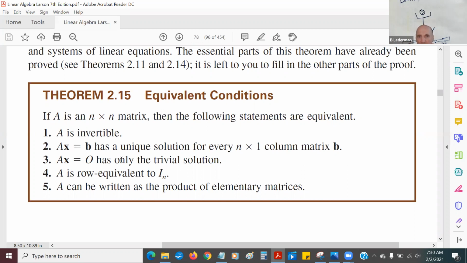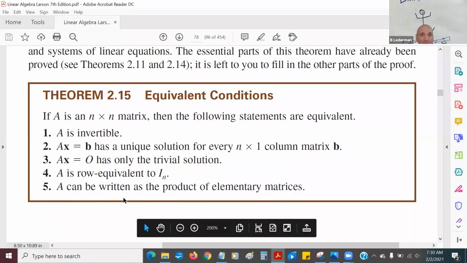To me, 3 is kind of a special case of 2, but it's fine. 4, A is row equivalent to the identity matrix I_n, the n by n identity matrix. And 5, A can be written as a product of elementary matrices.